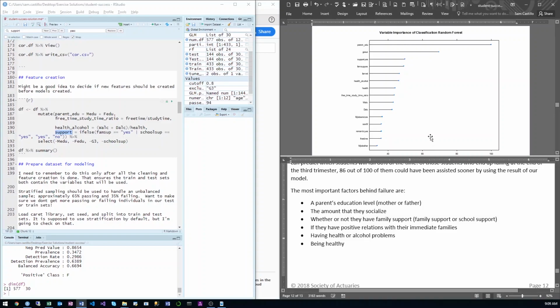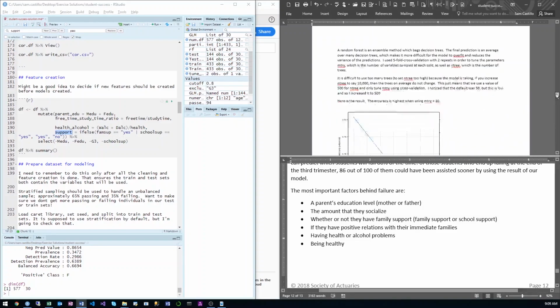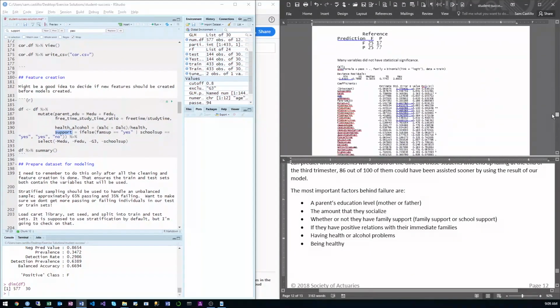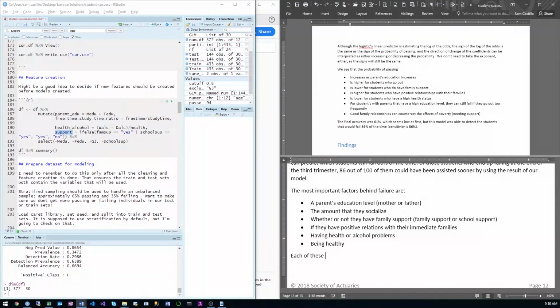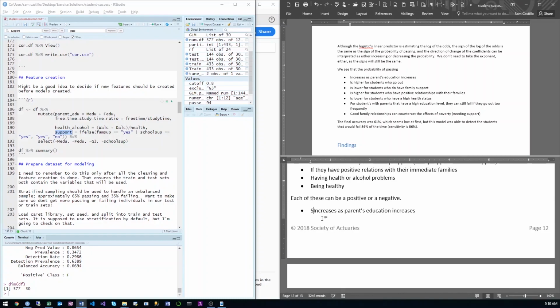Now I want to look at the coefficients. So I want to go to the logistic model. Each of these can be a positive or a negative. Successful students who pass have, I'll say, the effect of these factors is, now how am I saying this?